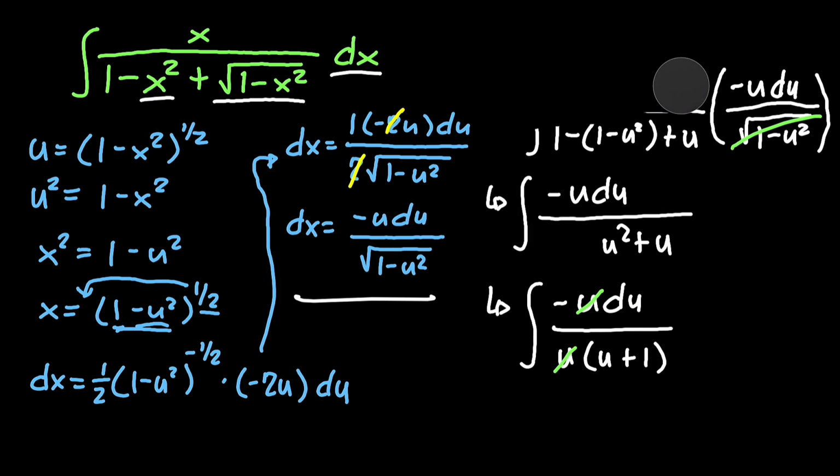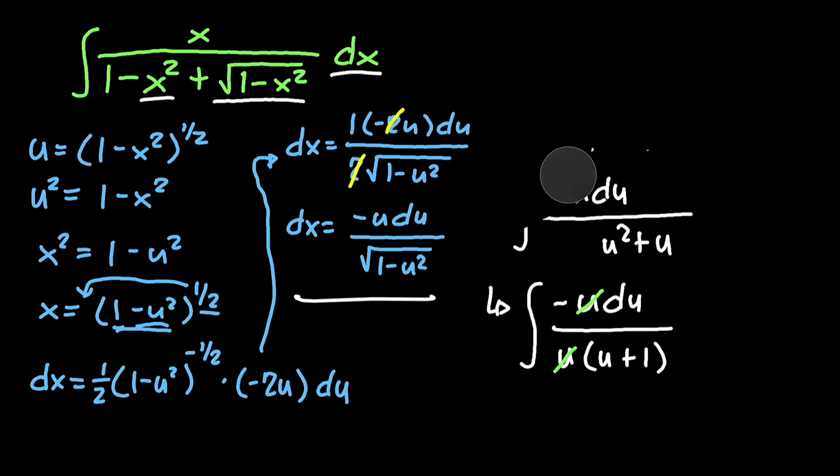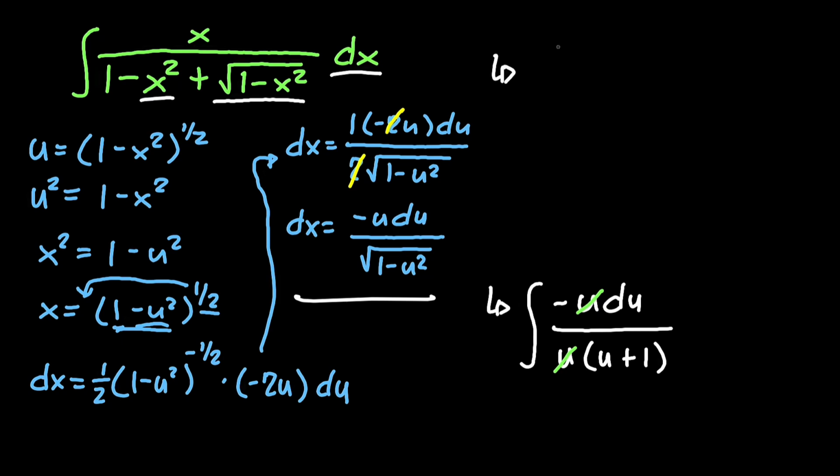And so, let me just make some space here. And so, the simplified integral expression right here would be the negative integral of du over u plus 1. I just brought outside the negative value.